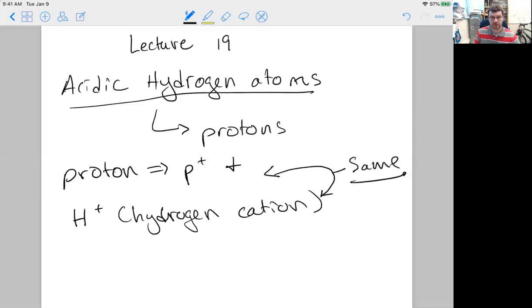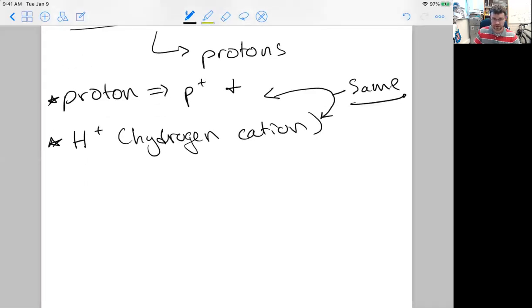Okay, so I needed to get that off my chest because, like I said, I'm going to be using that term proton synonymous with acidic hydrogens. So why do we look at acid-base reactions?